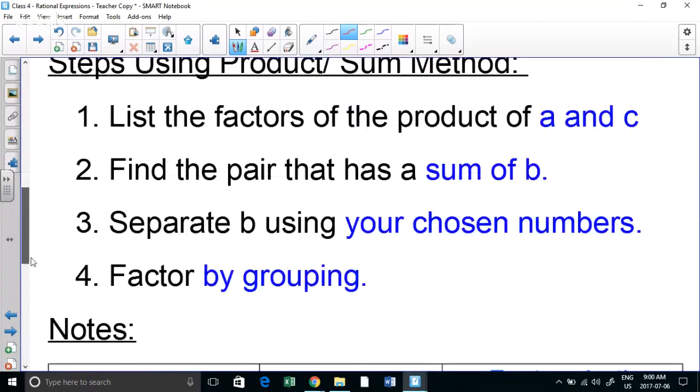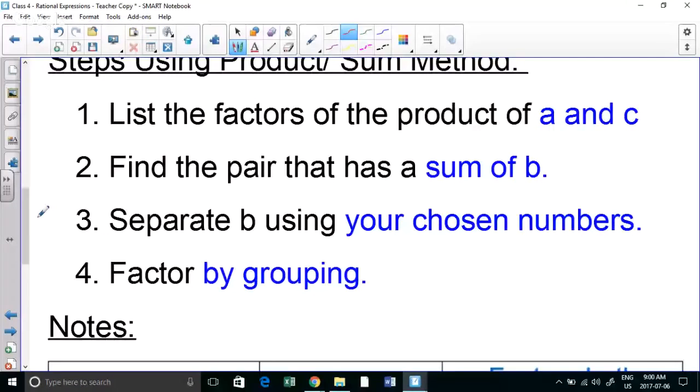Here's what you're going to do. There's a lot of information that I'm about to throw at you, but when we do some examples, it's going to get a little more straightforward. So if you're not quite understanding it when I explain it this first time, don't fret. You're going to start by listing the factors of the product of a and c.